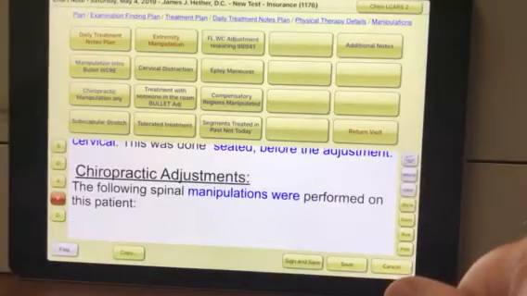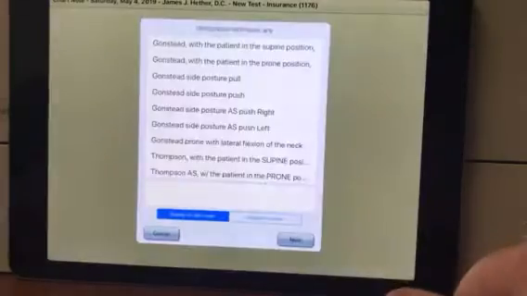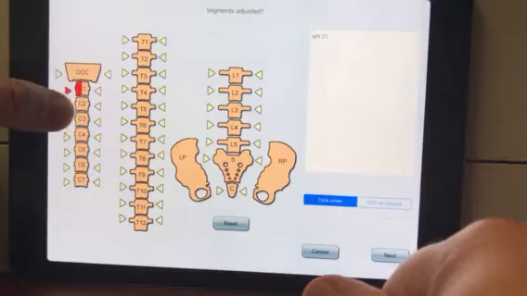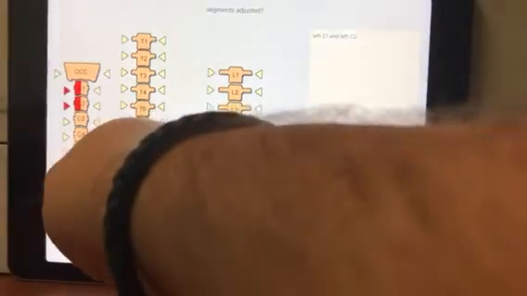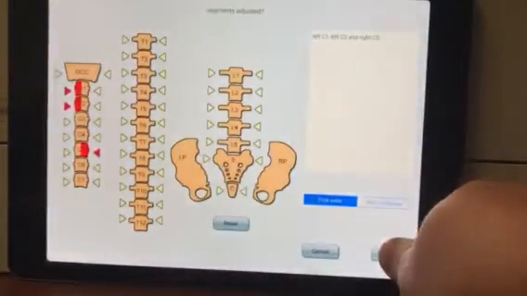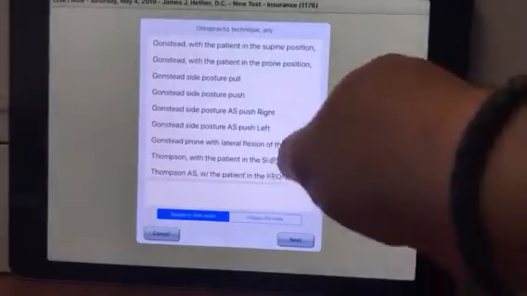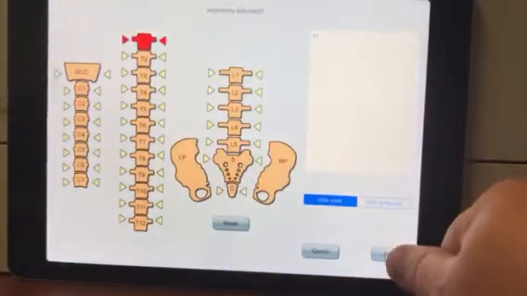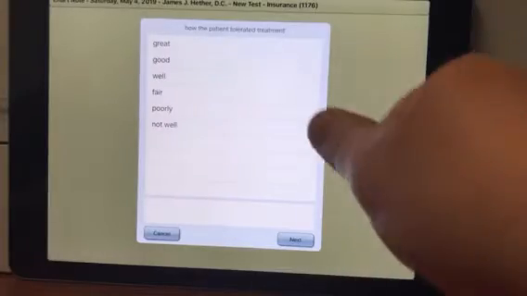Introduce the manipulation, and we're going to do chiropractic supine positions, Gonstead. We're going to do C1 and C2 on the left, C5 on the right, and we're also going to do, let's say, some activator for the upper dorsals at T1. So there's activator, and we're going to do T1 with the activator. How did the person tolerate treatment? The guy did great, so we're going to say good.